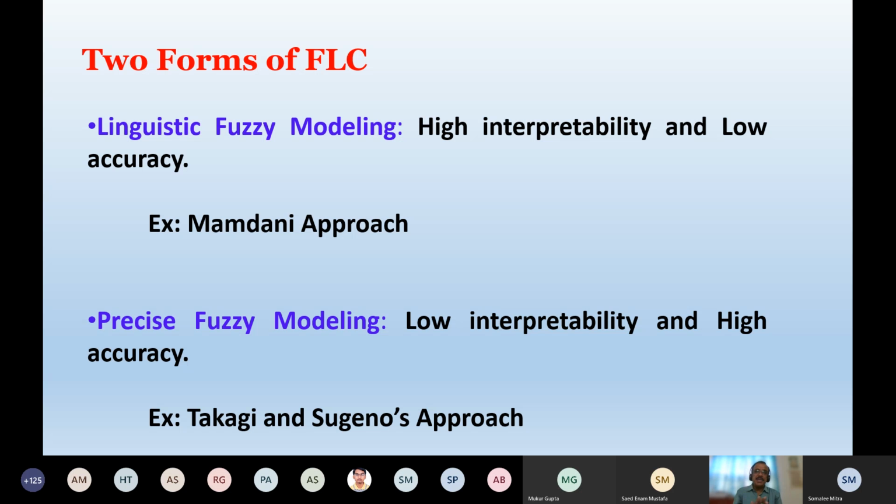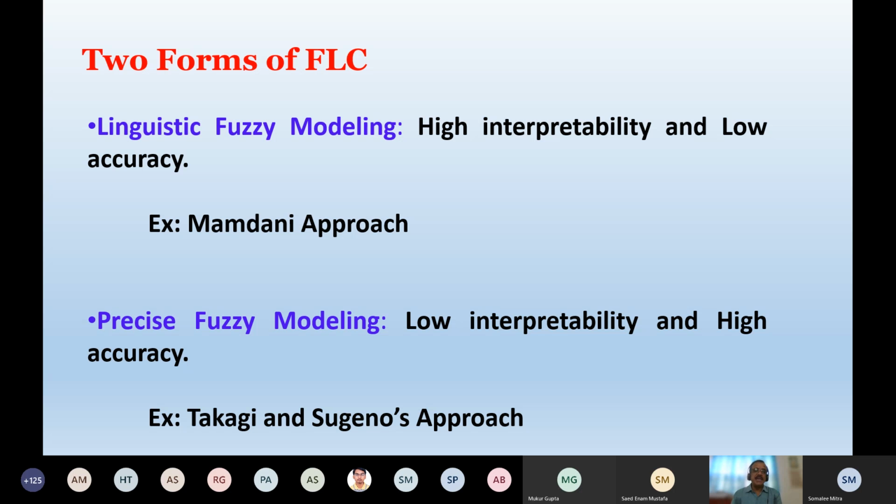Depending on the input, the moment I take the output, at least some control action comes to my head. So I'm able to understand the meaning of that particular rule. So this rule is interpretable or understandable. This is what we mean by interpretability. I hope I'm clear to all of you.